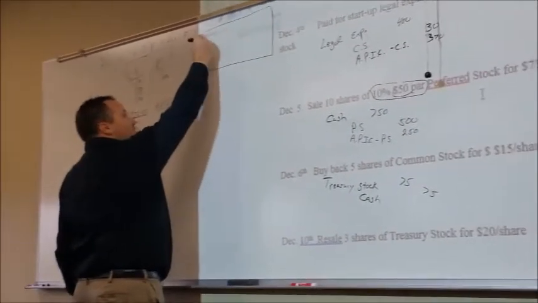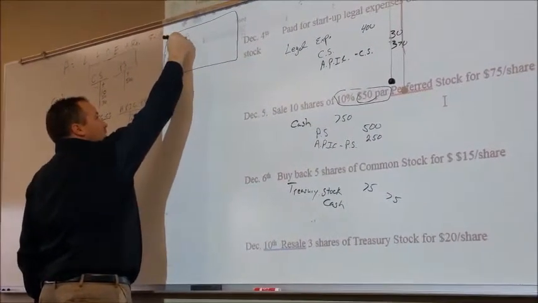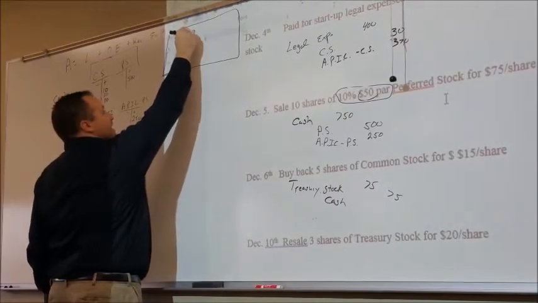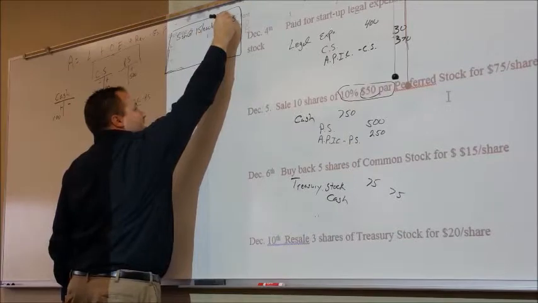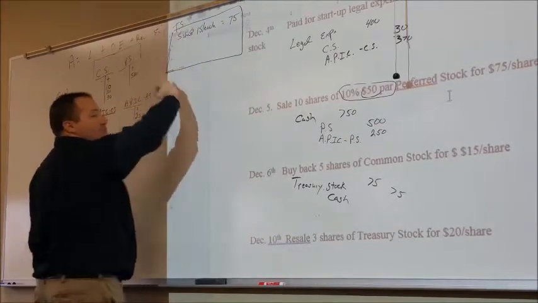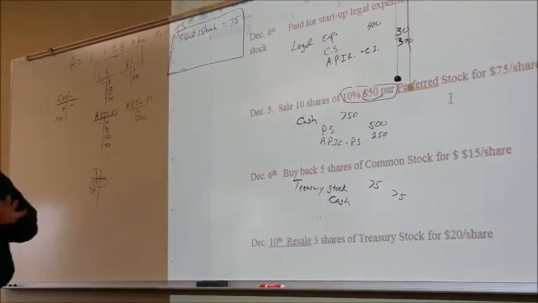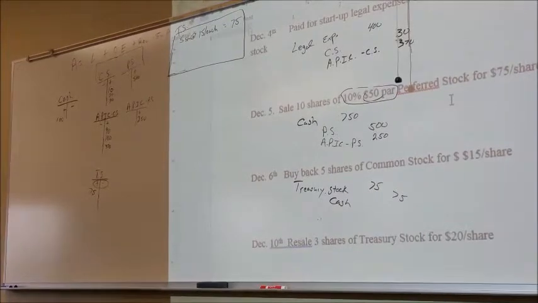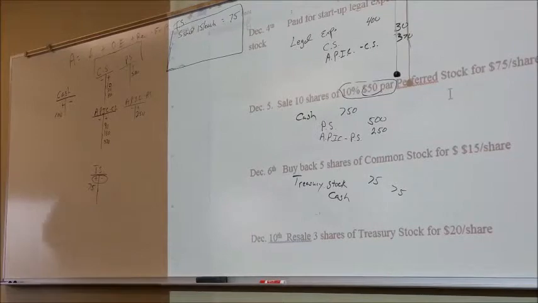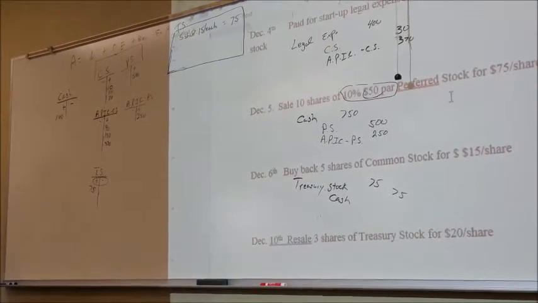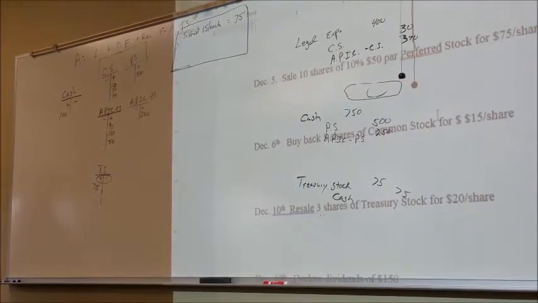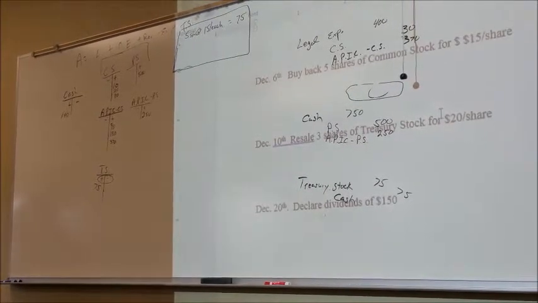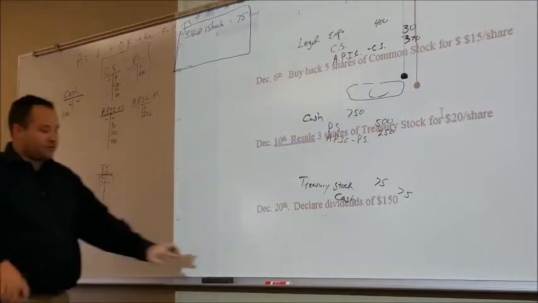I bought 5 shares at $15 each. So that's a total of 75 in my treasury stock little side listing. Now that's going to come into play when we start reselling some of my treasury stock.